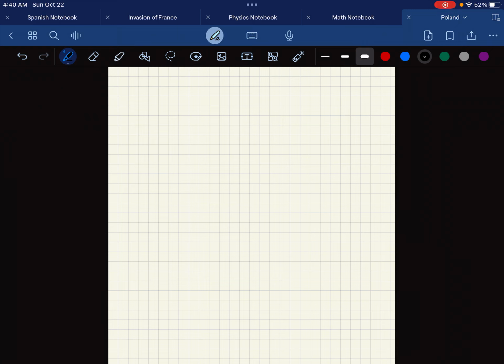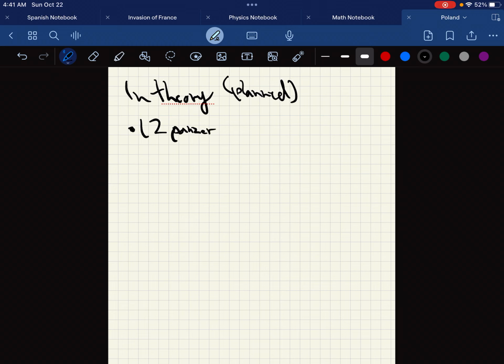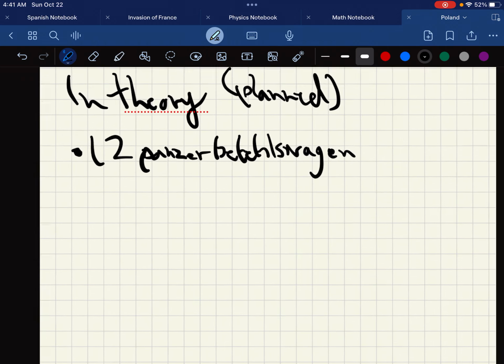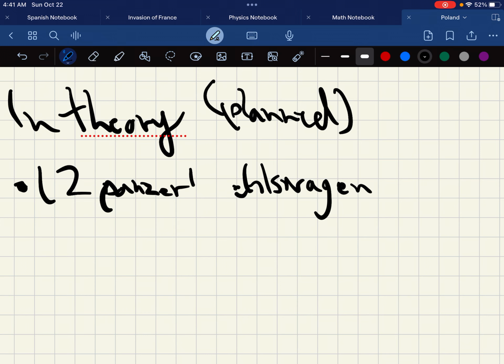So in theory, or at least this is what Heinz Guderian called for, or planned, there were supposed to be 12 command tanks known as Panzer Befehlswagen, right?